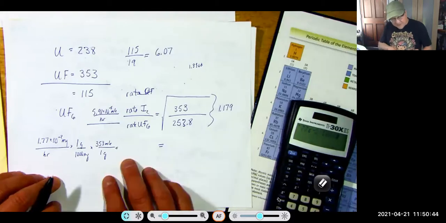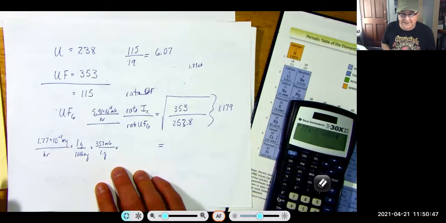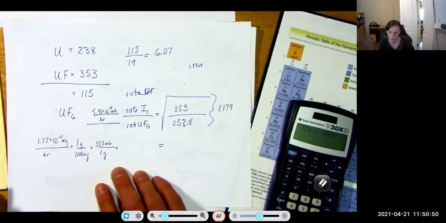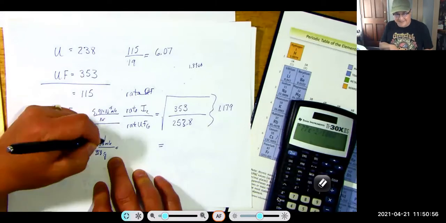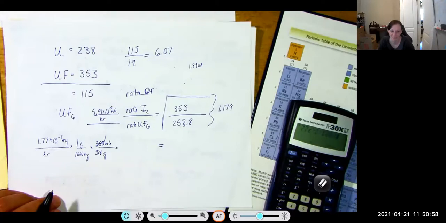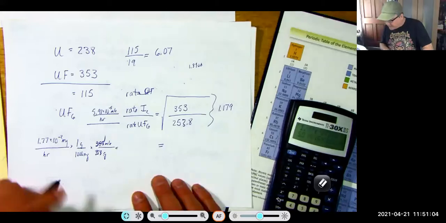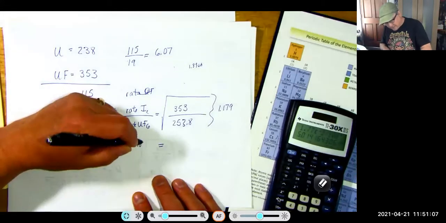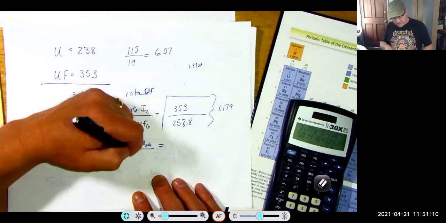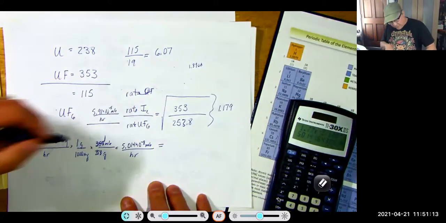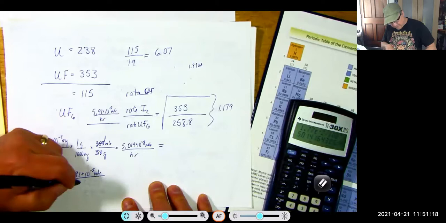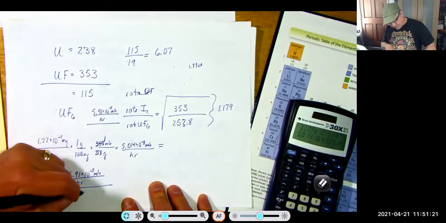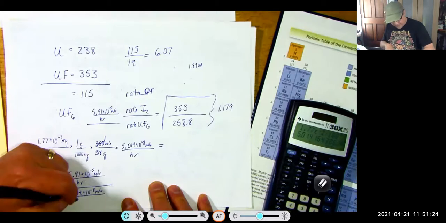Oh, I did this wrong. It's not 353 moles per gram, is it? It's 353 grams per mole, right? And so I get 5.014 times 10 to the minus 8 moles per hour. So we're going to take this 5.91 times 10 to the minus 5 moles per hour and divide by 5.014 times 10 to the minus 8 moles per hour and see what we get.